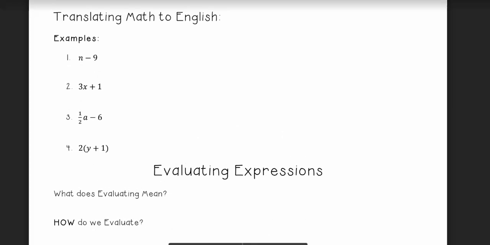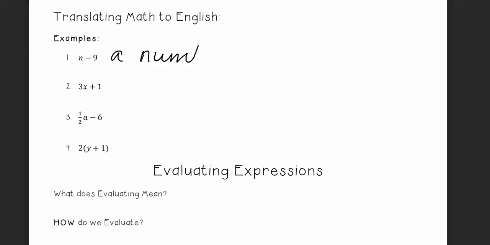Translating math to English is a lot easier because there's multiple different answers you can have. So n minus 9, I can write that a bunch of ways. I can say a number minus 9. I can say 9 subtracted from a number. I can say 9 less than a number n.